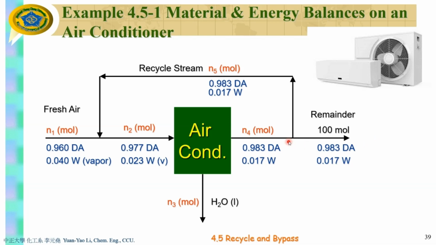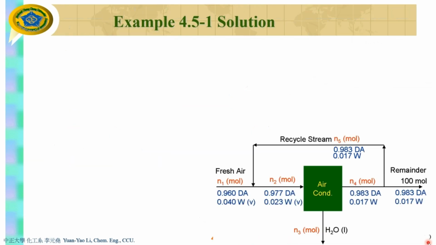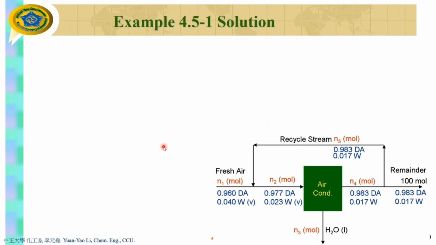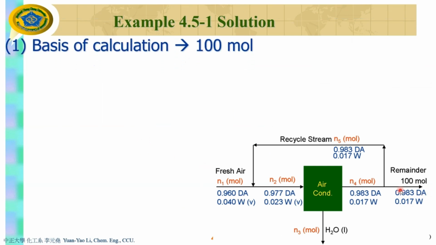And you need to understand the meaning of the recycle here. Okay, so can we solve this problem? First of all, choose the basis, right? Basis is 100. And then draw the flow chart.